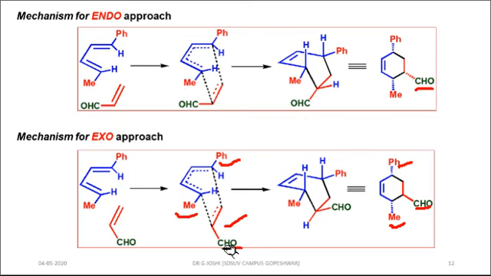Similarly, in exo approach, the stereochemistry of substituent of dienophile will be opposite to the stereochemistry of the substituents which are lying outside in the diene, that are phenyl as well as methyl. So by considering this kind of examples, we can understand the stereochemistry of diene as well as dienophile in the Diels-Alder reaction.